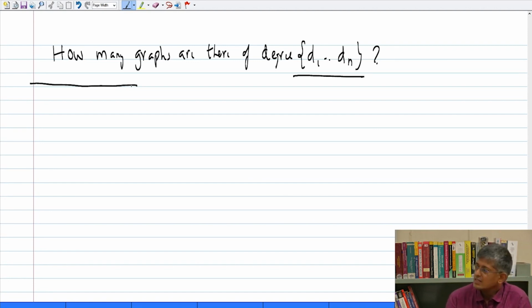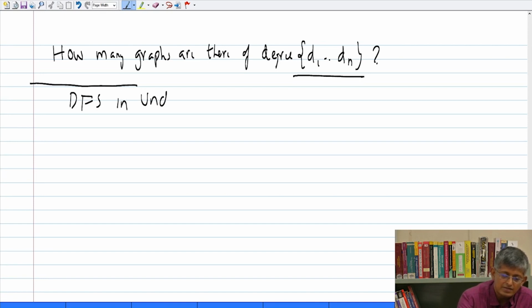So now let us start a new thread, which is related to what Meghna has done. She explained to you DFS in undirected graphs.